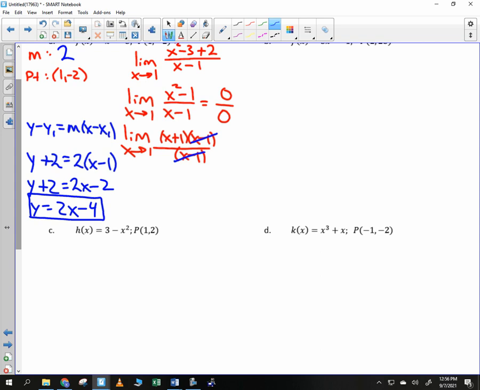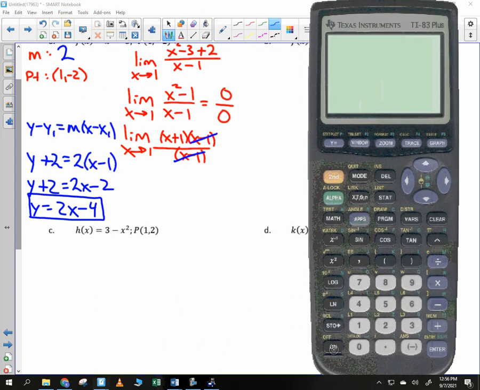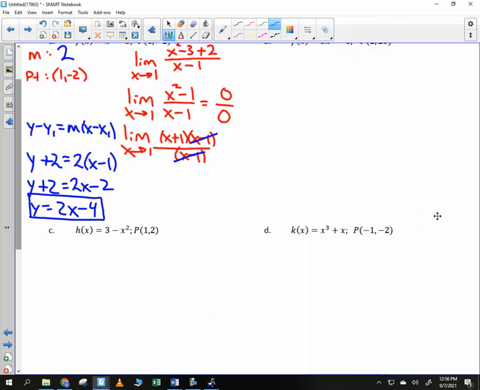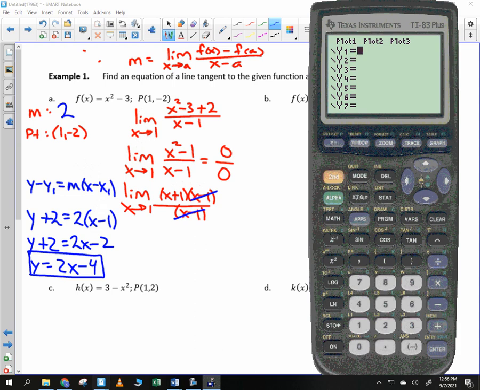Take out your graphing calculator, please. For my function, I type in y equals x squared minus 3.